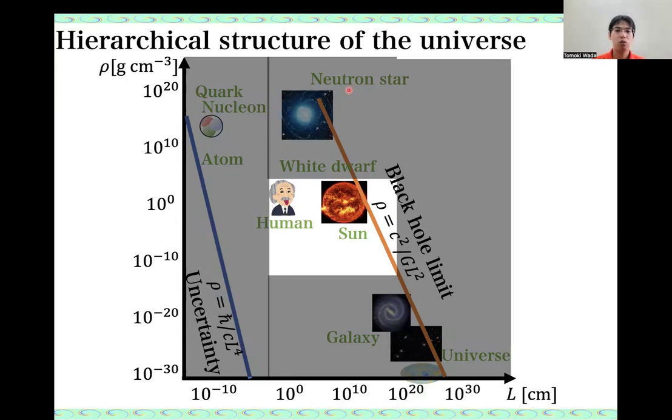So far, we see stars in the universe, but it's still a very small parameter region in this initial diagram. Only just this kind of region. And let's move to much bigger systems.